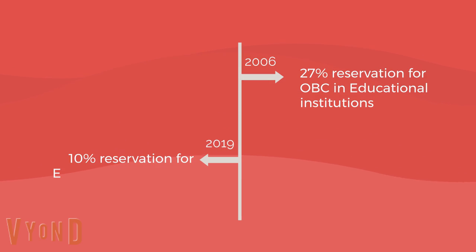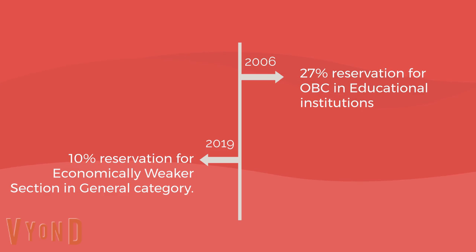In 2019, Parliament passed another constitutional amendment providing 10% reservation for the economically weaker section in the general category. It was the same scheme struck down by the Supreme Court in the Mandal case, but this time the government enacted a constitutional amendment to add this 10% economically weaker section reservation.